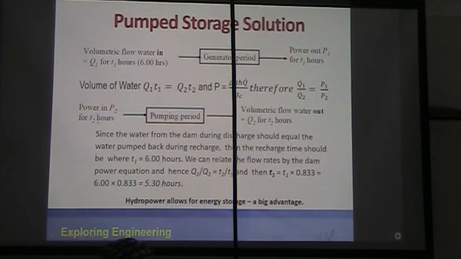So our power 2 for T2 hours is going to equal the volumetric flow rate out, Q2 for T2 hours.